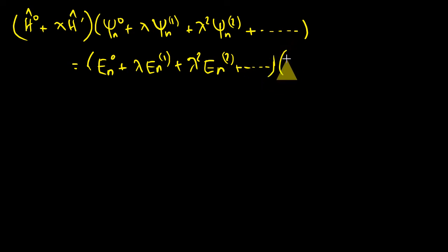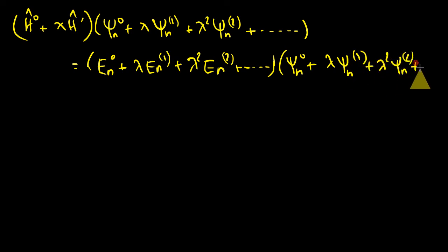The expression for psi n again is psi n0 plus lambda psi n1 plus lambda square psi n2 plus etc. So we have substituted that in equation number 3.